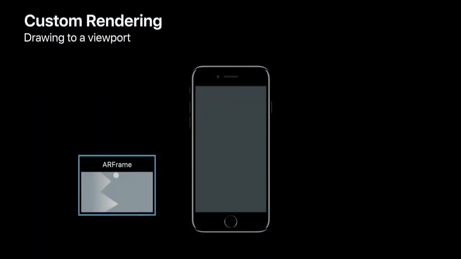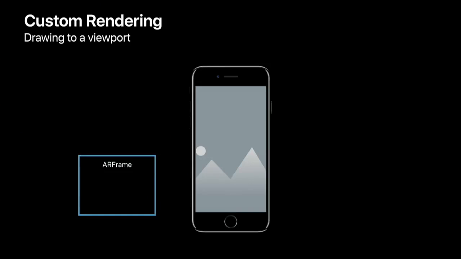Then there are a few things to note when rendering based on a camera image. We want to have a quick look on those. So one thing is that the captured image that is contained in an AR frame is always provided in the same orientation. However, if you rotate your physical device, it might not line up with your user interface orientation, and a transform needs to be applied in order to render this correctly.